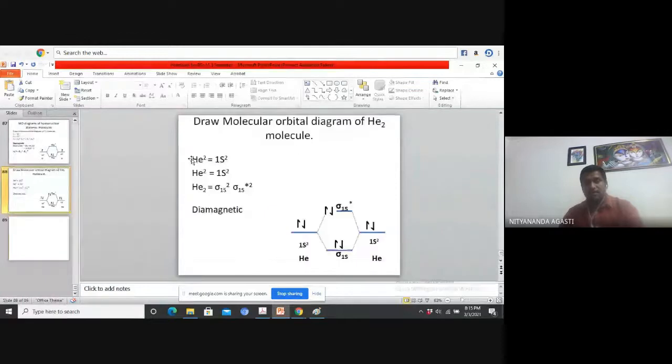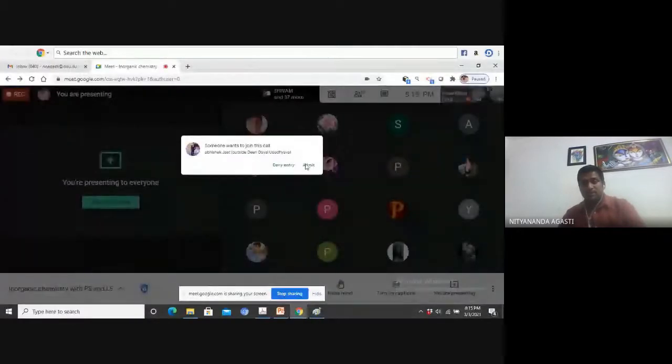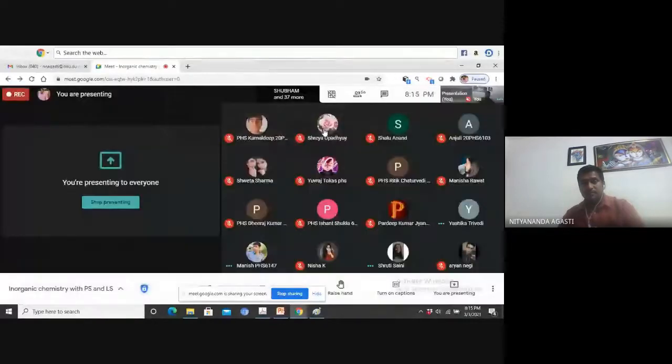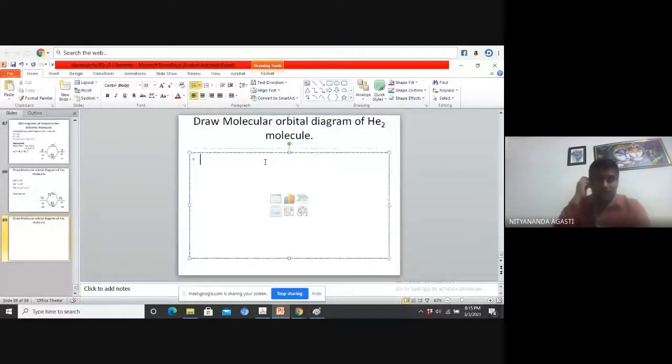That's lithium. Can anyone tell me what are the steps to follow? Configuration. Lithium, how many electrons? Lithium has 3 electrons.